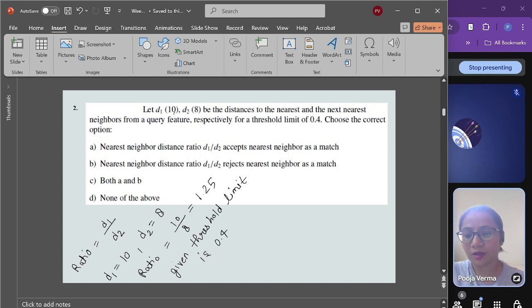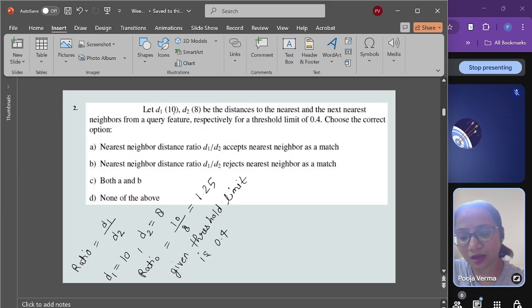If the ratio is less than the threshold, the nearest neighbor is considered a strong match and is accepted. If the ratio is greater than or equal to the threshold, the nearest neighbor is considered an ambiguous match and is rejected.